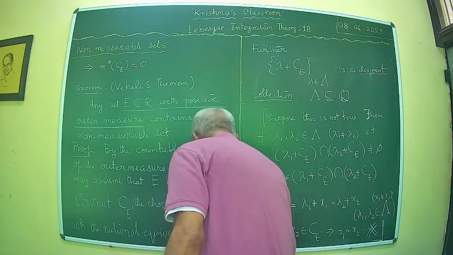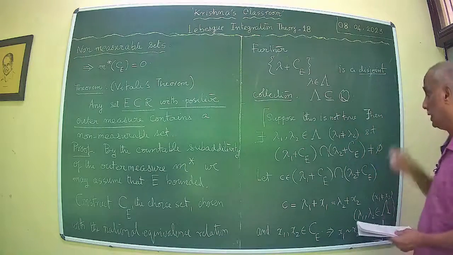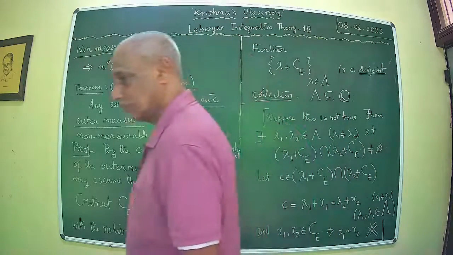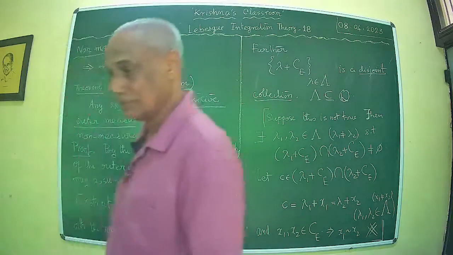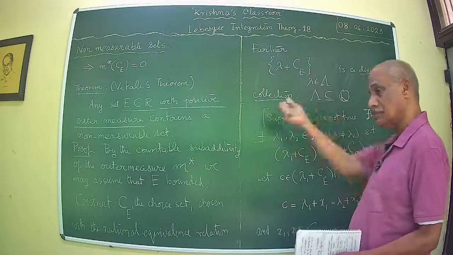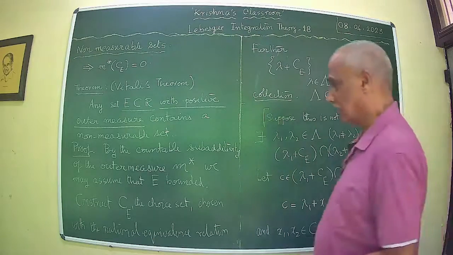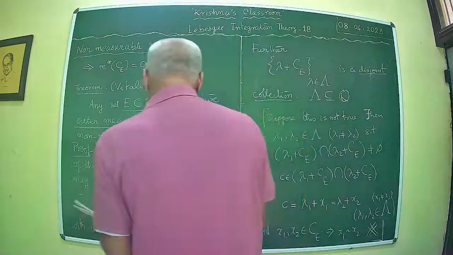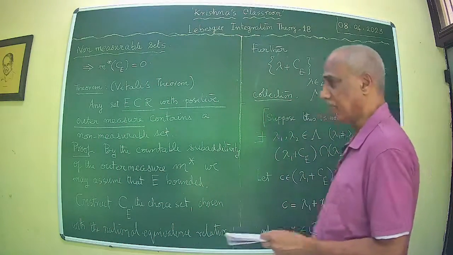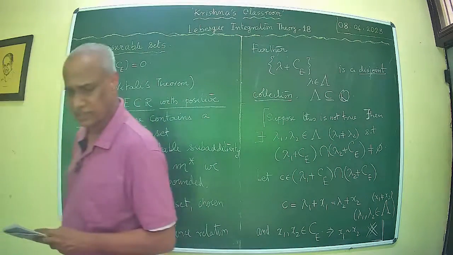That means you remember the sets that are involved are the partition classes. There's a partition, okay, and we are picking from each of these a single element. Construct this C, and the equivalence relation is connected with the rational numbers. That means we say that x is related to y if x minus y is a rational.